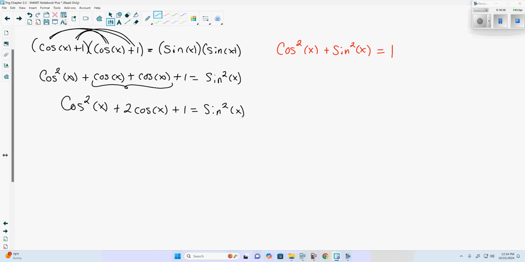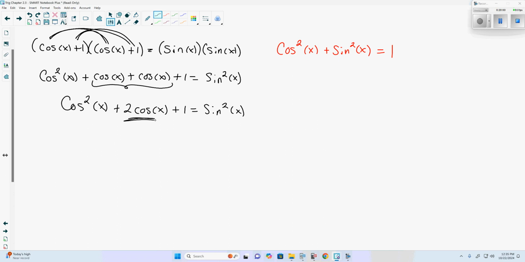Now at this point, we need to get this all in terms of sine or cosine, because those are our two options. Well, not really, but yes. Because we could rewrite it in terms of sine. We could switch the cosine squared of x here and use our Pythagorean identity and get it in terms of sine, but that's not going to help because of this middle term here, this cosine of x.